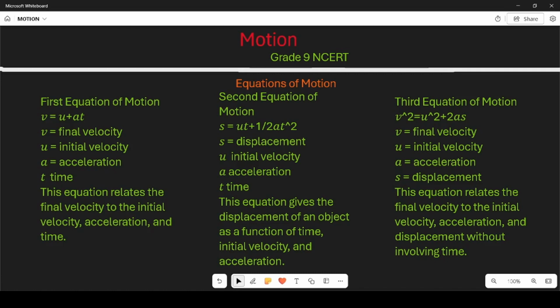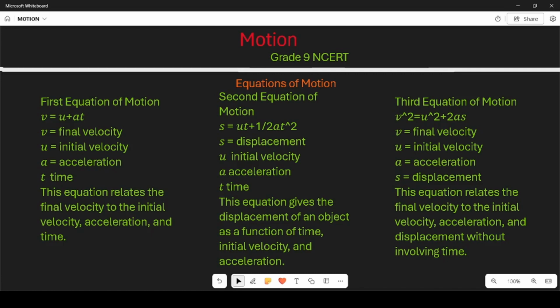So the first equation relates the final velocity to the initial velocity and time. The second equation gives the displacement of an object as a function of time, initial velocity and acceleration. The third equation relates the final velocity to the initial velocity, acceleration and displacement without involving time.